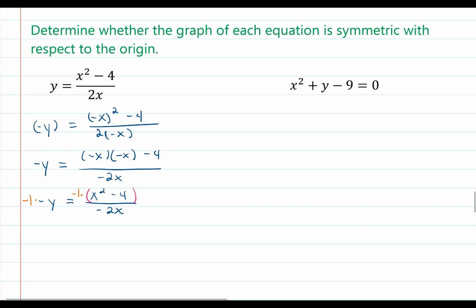What happens is that the negatives cancel out on the left, leaving me with just y, and on the right, the negative 1 cancels out with the negative coefficient of the denominator, which leaves me with x squared minus 4 in the numerator and positive 2x in the denominator, which means I was able to simplify back to the original equation. So the test passed.